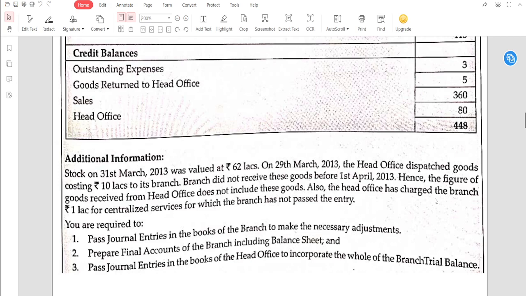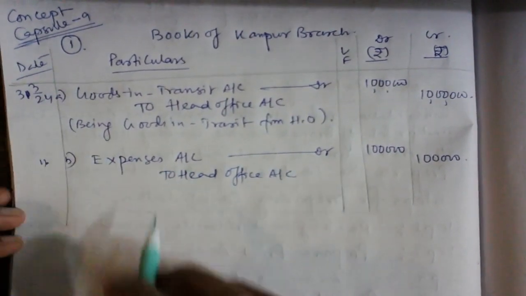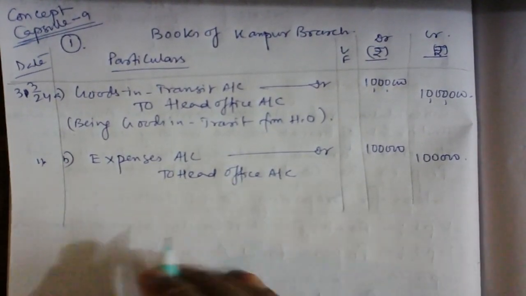Definitely by the HO. So the HO account should be credited. So the journal entry becomes expense account debit to HO, rupees 1 lakh. देखिए, on the same day, expense account debit to HO becomes rupees 1 lakh.